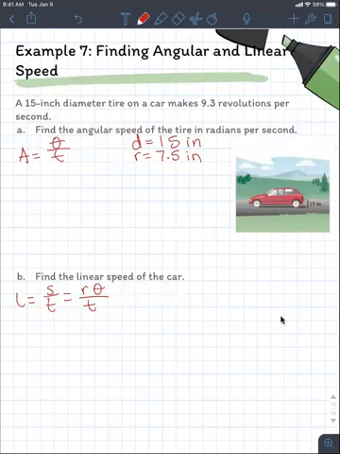Try something and tell me what you think. The theta by doing the arc measure over the radius.